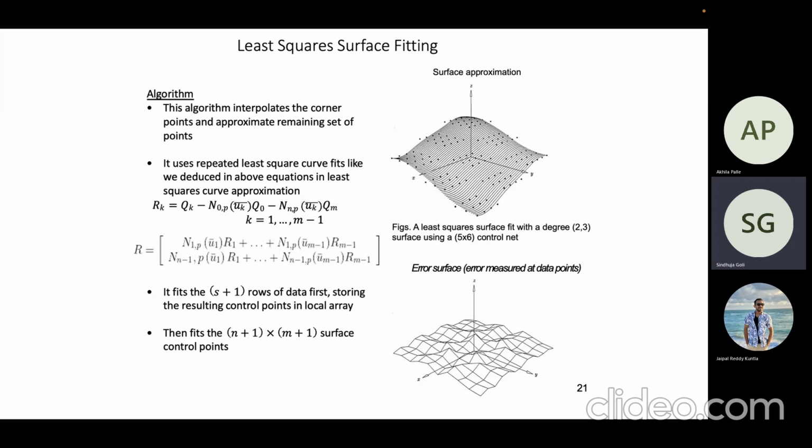And it fits the s plus 1 rows of data first, storing the resulting control points in a local array, then fits the n plus 1 into m plus 1 surface control points. And if we see the picture over here, the first one is surface approximation, where a least square surface fits with degree 2 and 3 surface using a 5 into 6 control net. And the second picture shows the error surface, wherein error is measured at each data point.